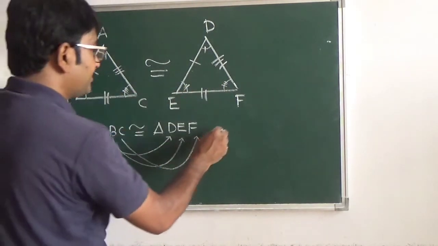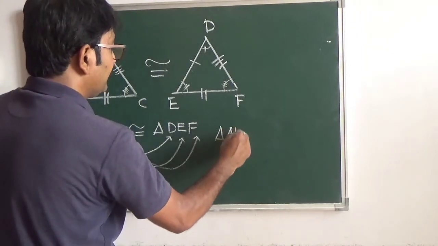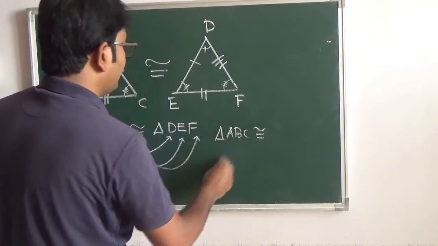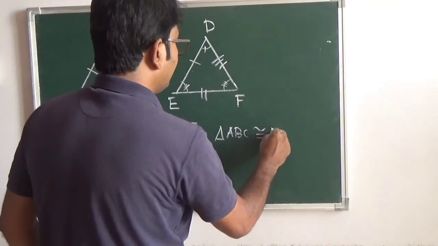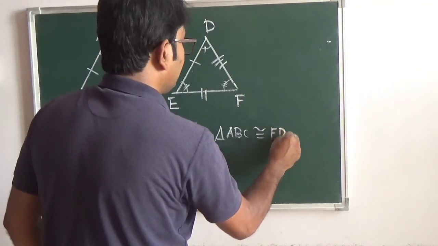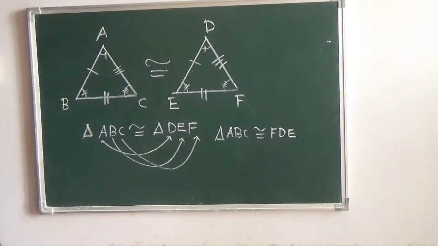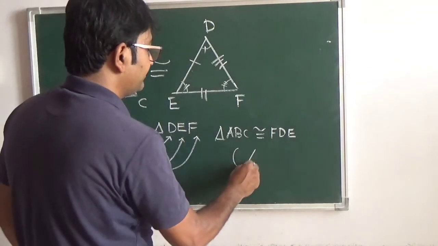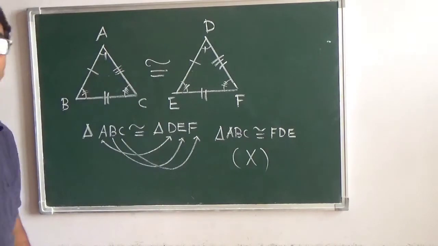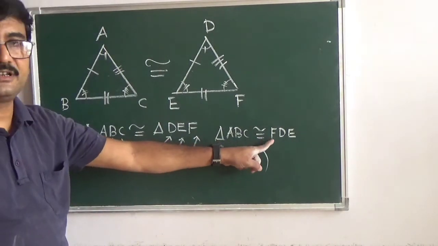But if we write triangle ABC is congruent to triangle FDE, this becomes not congruent. The sequence is important because A has to correspond with the first angle here.